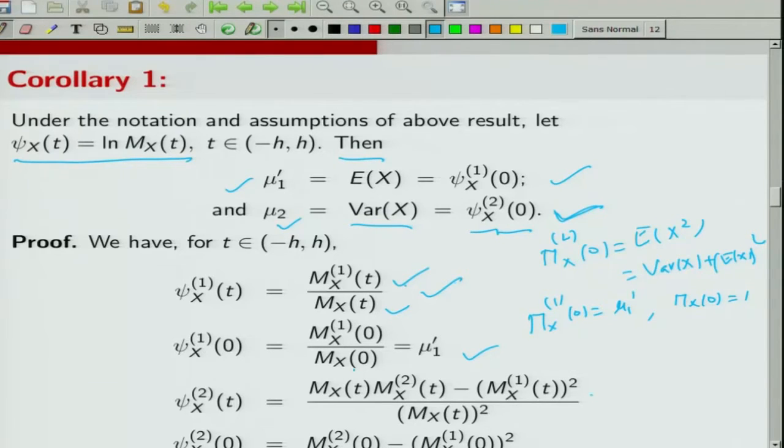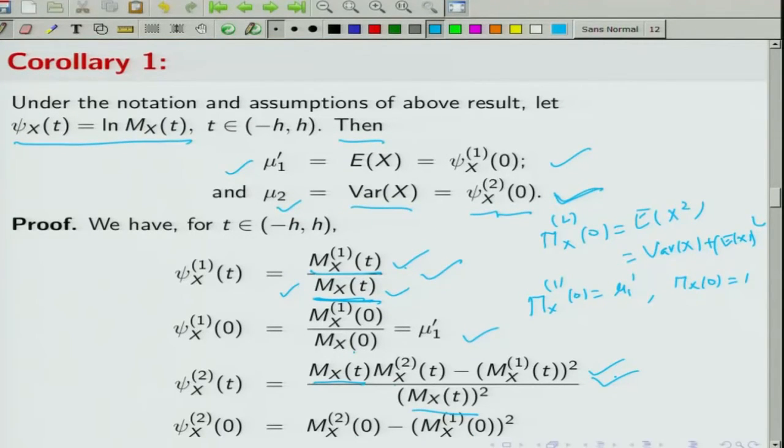So I have got the first derivative of psi_X. I look at the second derivative. So I differentiate this once. So that becomes M_X(t) square in the denominator, then M_X(t) times the derivative of M_X'(t), which is M_X''(t), minus M_X'(t) into the derivative of M_X(t), which is M_X'(t), and that is how you get M_X'(t) whole square. I put t equal to 0 in psi_X''(0), then you get M_X(0), and M_X(0) is 1. This quantity is 1.